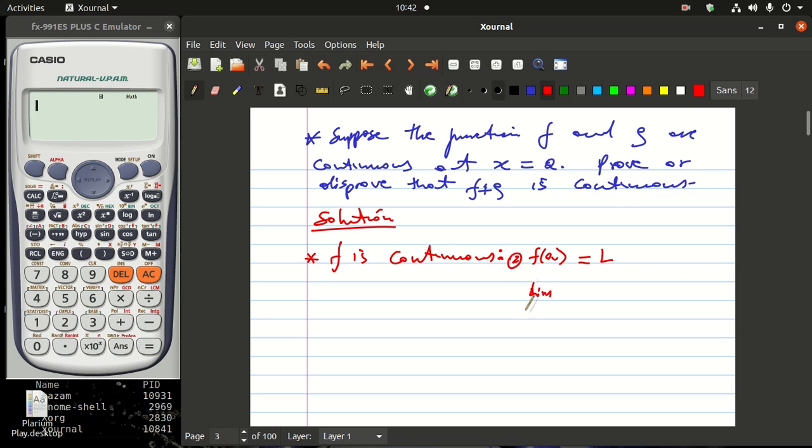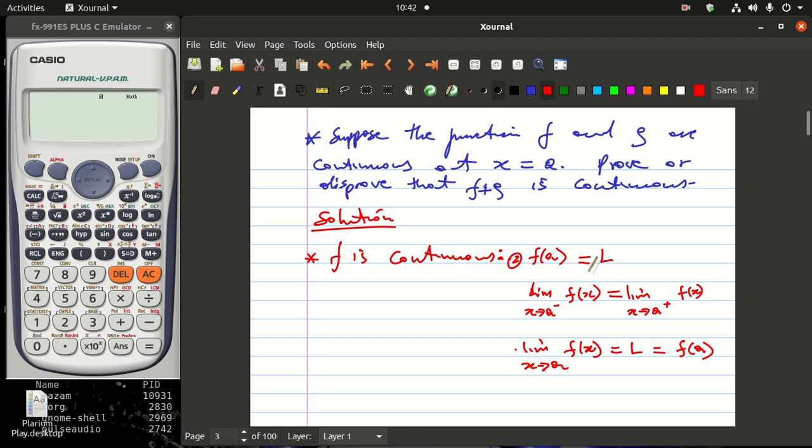The limit as x approaches a on the left of f of x must be equal to the limit as x approaches a on the right of f of x. And lastly, because these are equal, the limit as x approaches a of f of x must also be equal to L, which is the same as f of a.